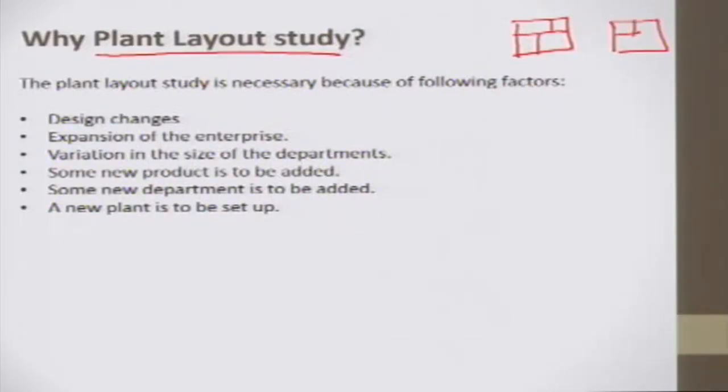For example, both of the plants are producing a similar kind of product, but the layout might be different, because of the nature of the process and management caliber, how well management is able to take the decision about the plant layout. So the plant layout study is necessary because of the following factors.